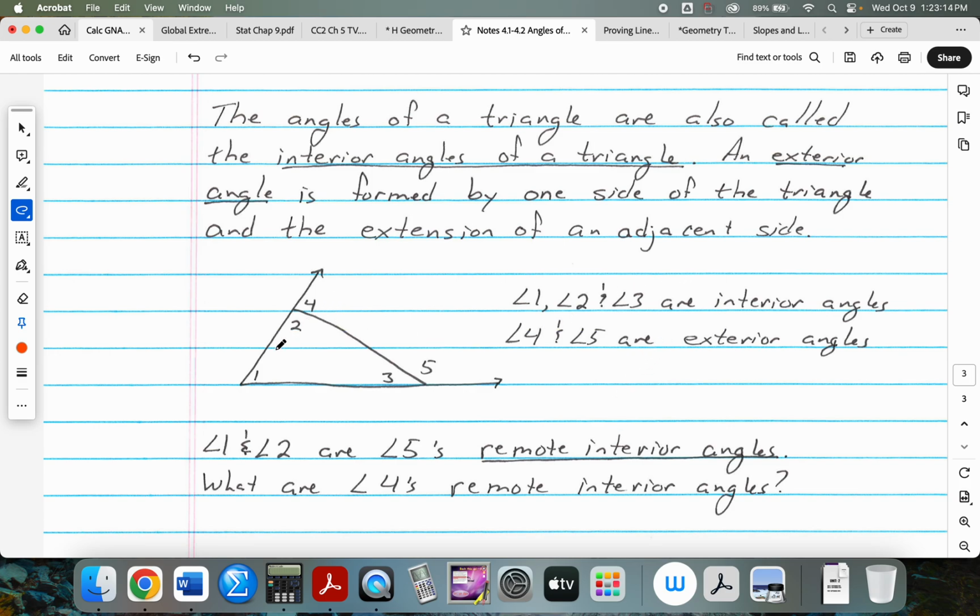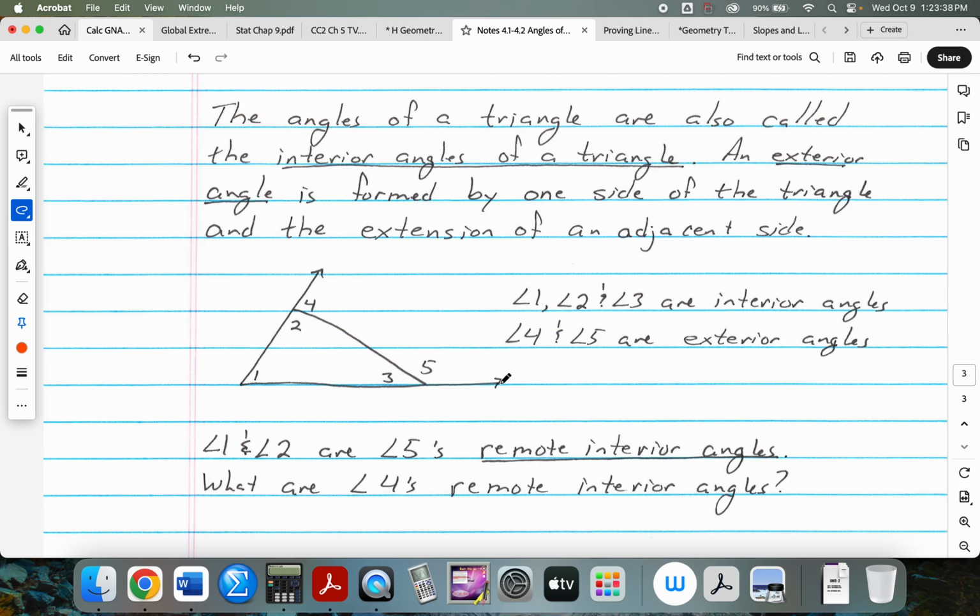So here, 1, 2, and 3, interior angles. Most of the time we don't bother calling them interior angles because when you draw a triangle, you instantly have these, right? To get an exterior angle, you've got to extend one of the sides. 4 and 5 here are exterior angles.